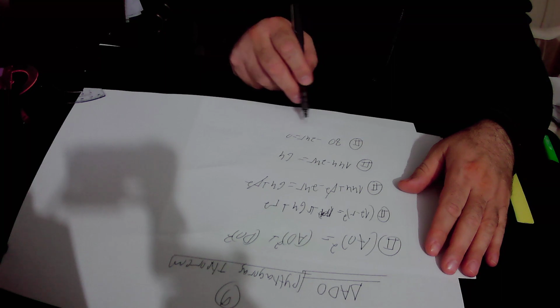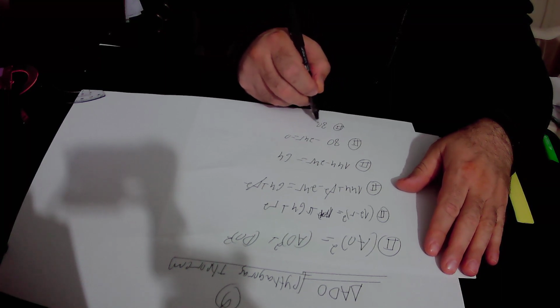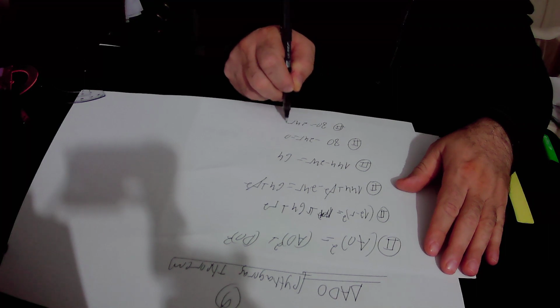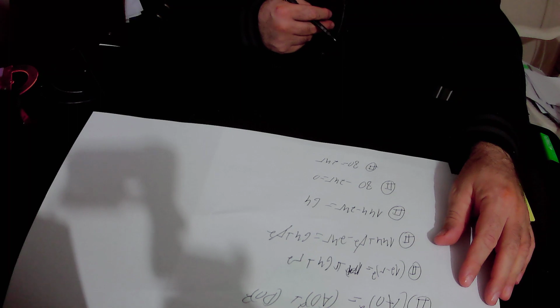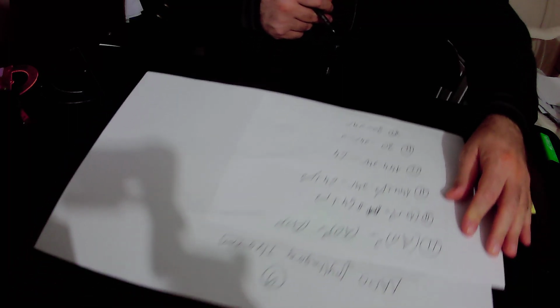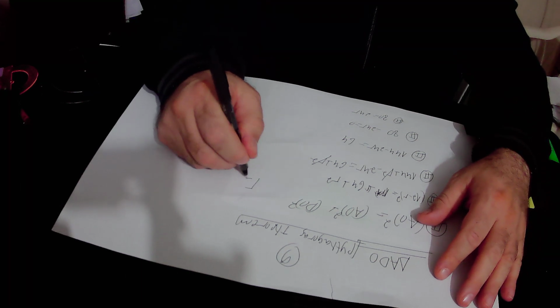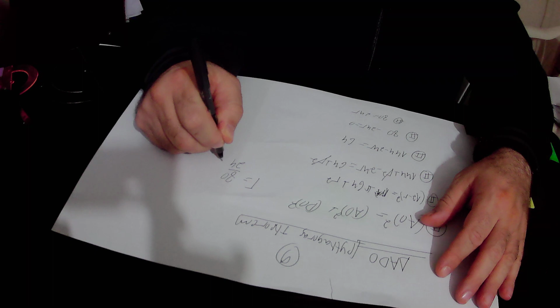We will add 24R to this equation, and we will get that 80 equals 24R. We will divide this equation by 24, and we will get that R equals 80 over 24.